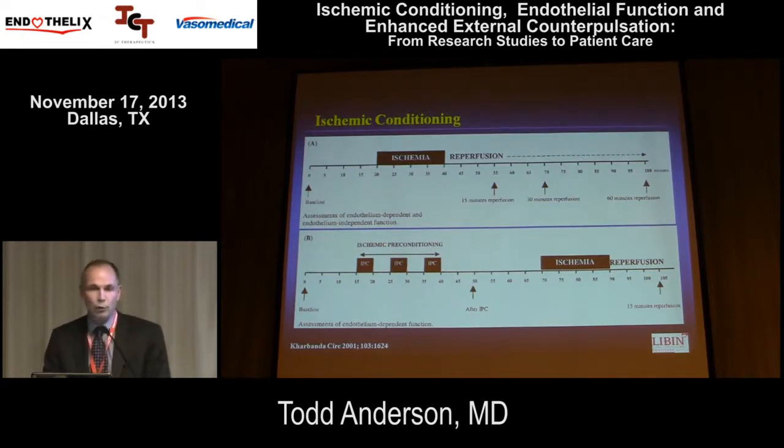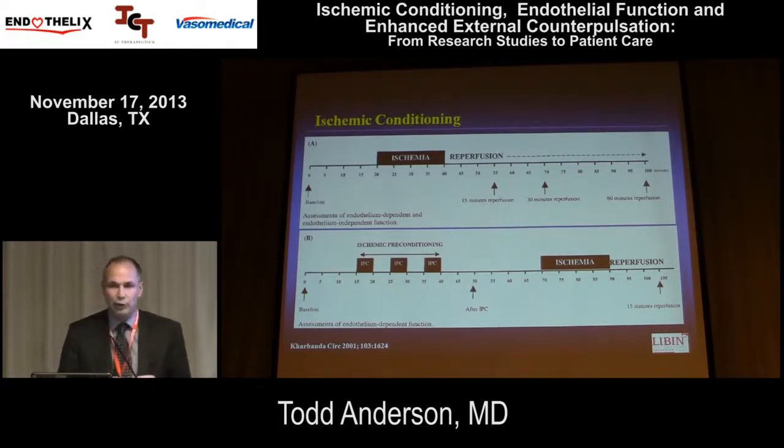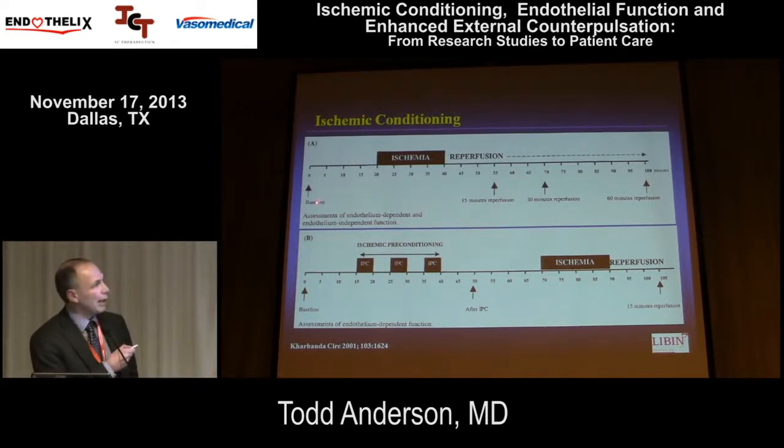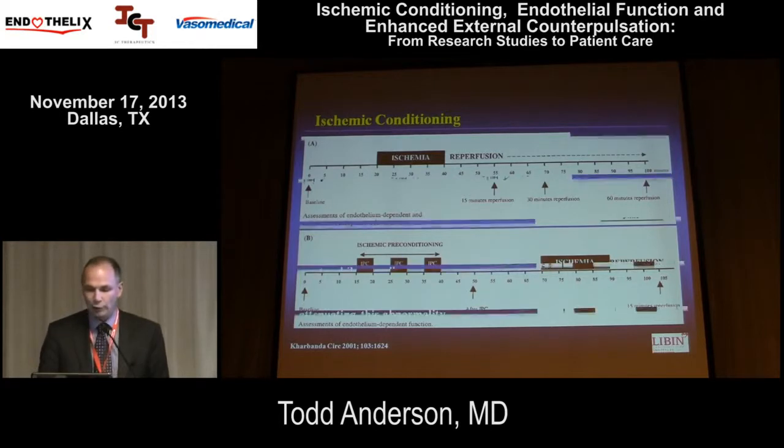So Kharbanda and group had done animal studies, but this is their first human study published now 12 years or so ago. And basically what they did is they measured endothelial function here at baseline. They then applied ischemia and reperfusion and then measured at 15, 30, and 60 minutes. And then they repeated the studies again with a bout of ischemic preconditioning where they measured baseline endothelial function, 5 minutes on, off, and then did the ischemia reperfusion and measured endothelial function later on.